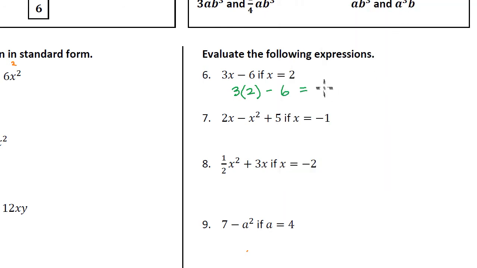So my answer here is 0, and then I'd love to get you in the habit of, when you're showing work, always circle or put a box around your final answer. Actually, that circle looks weird because it's a circle around 0, so I'll put a box around it. All right, for every one of these, you'll be doing the exact same thing.